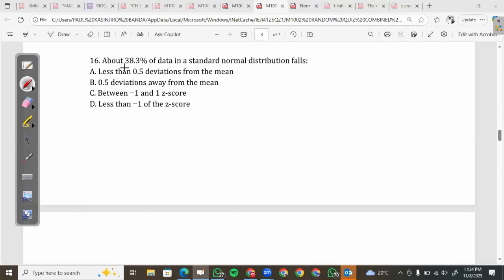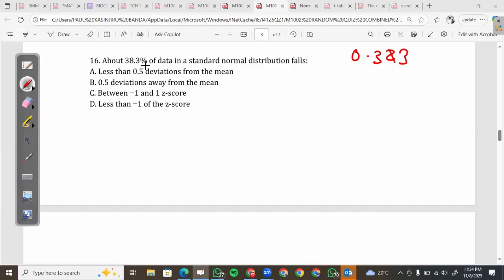They're saying about 38.3% of data in a standard normal distribution for Z. They have given us the probability. Whenever they give you a percent, that's the probability. So 38.3 divided by 100 gives me 0.383.